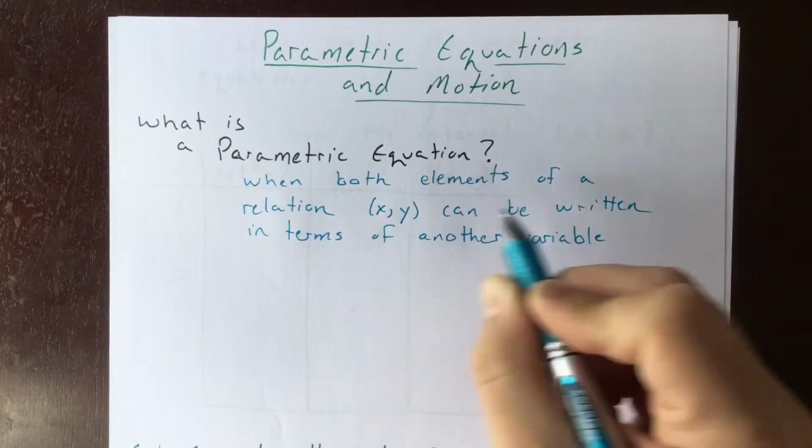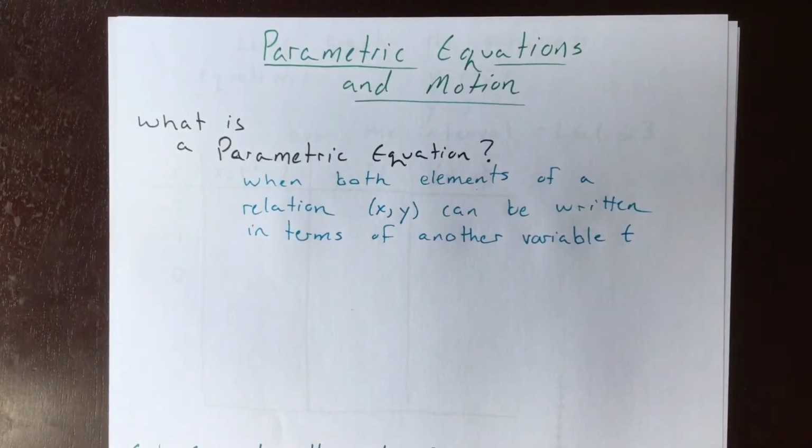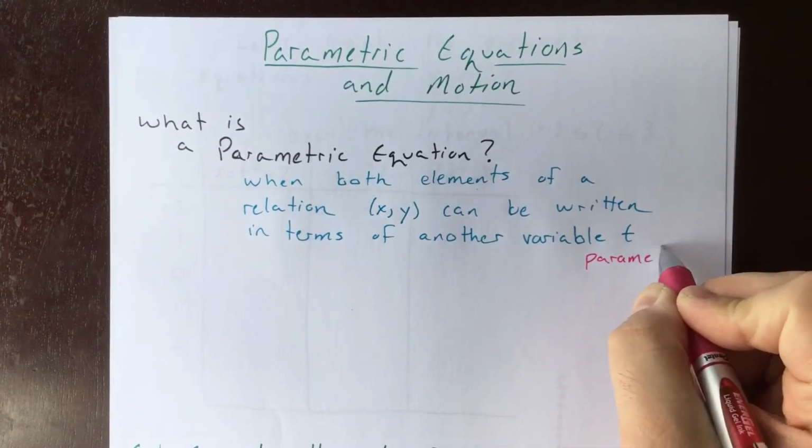And this other variable that they're written in terms of is t. Now, we often call t, this third variable, a parameter.